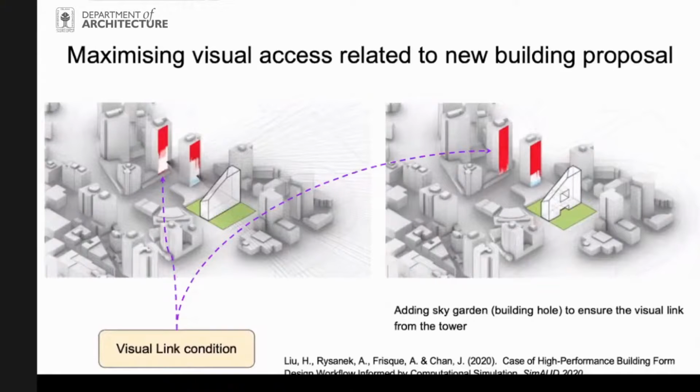So we can test our design. For example, this is the first design here, and the second design has a hole in it, and it could increase the visual connection to the surrounding area from those two buildings at the back. So this kind of evaluation can really give us justification of why we choose that kind of design.